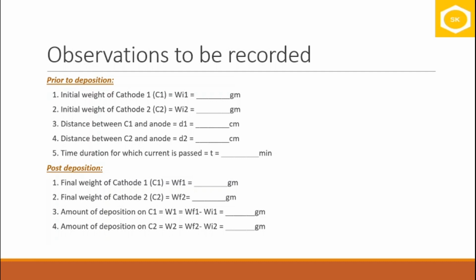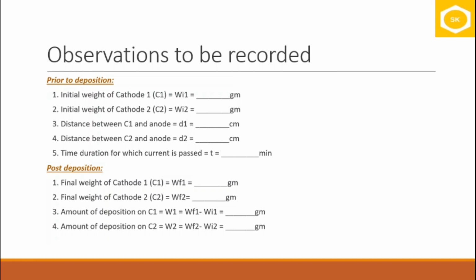Since the distances are different, definitely there will be difference in the amount of metal that gets deposited. And obviously, the nearer electrode will get more metal deposited, and the other electrode, which is at a greater distance from anode, will have little less amount of metal deposited.